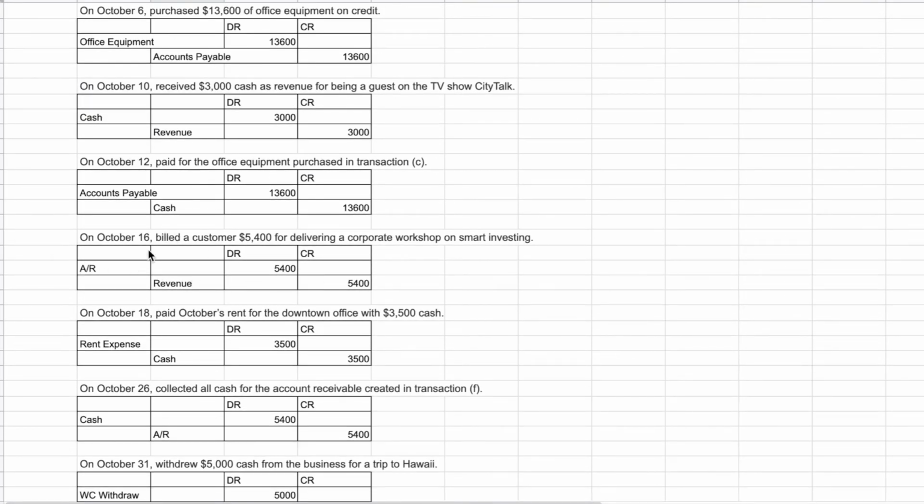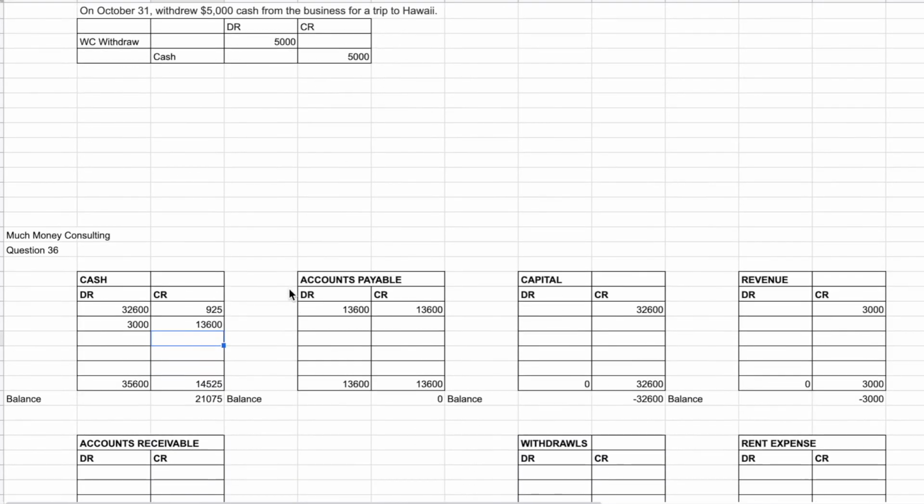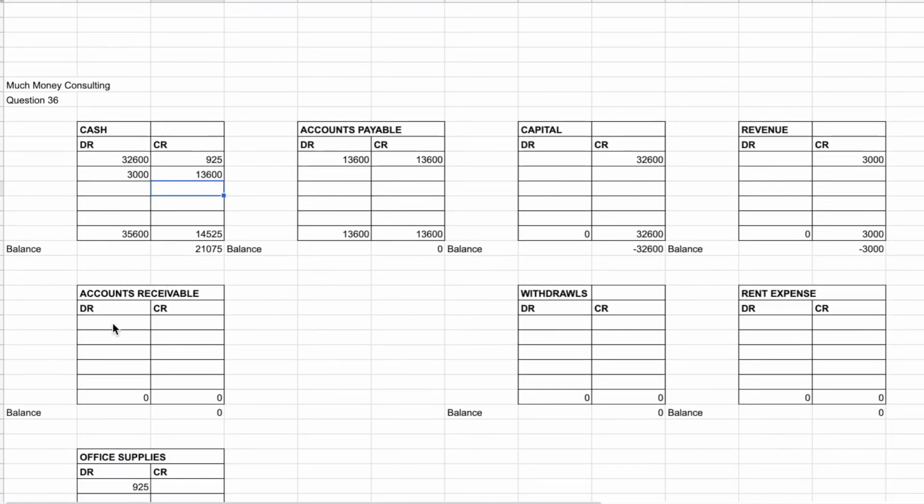Then we're looking at the bill to customer, so accounts receivable debit 5,400, revenue credit 5,400. Accounts receivable, debit 5,400, and revenue credit for 5,400.